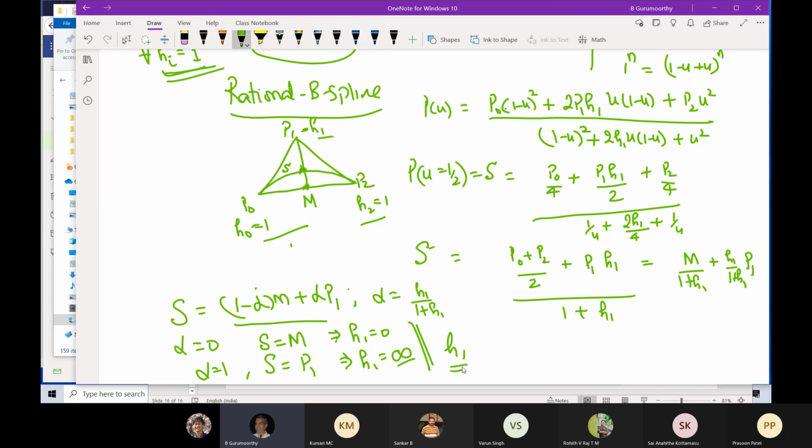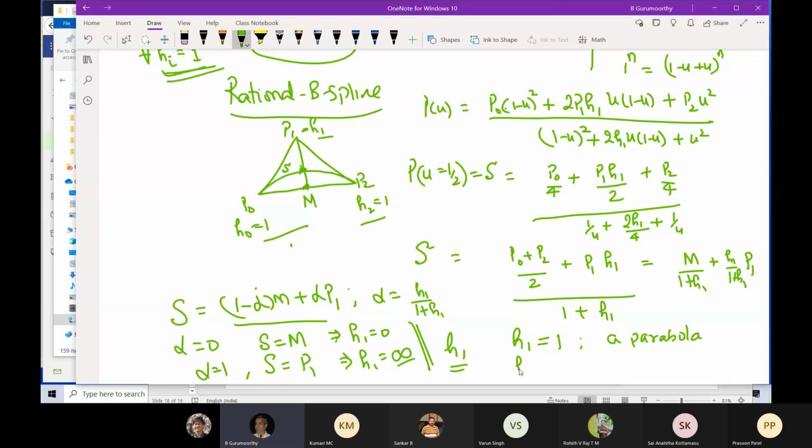Okay, that's point 1. Now, the next point is a more interesting one, but I'm not going to prove it here. I'm just going to say that for different values of h1, when h1 is equal to 0, you know what is happening. But when h1 is equal to 1, the curve becomes a parabola.